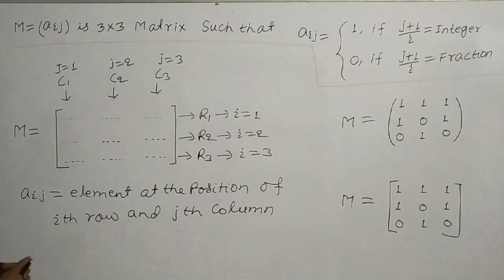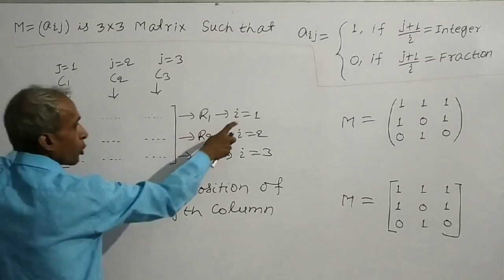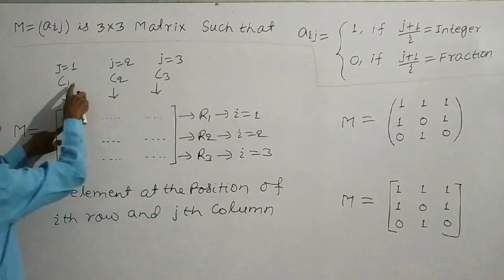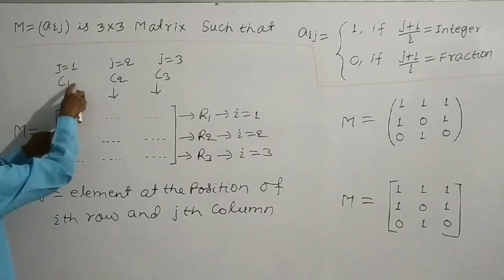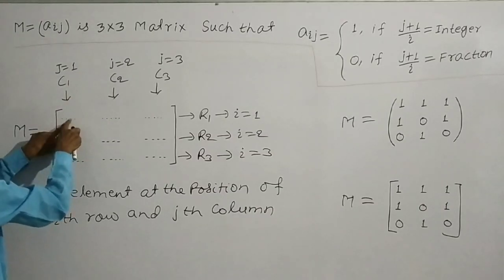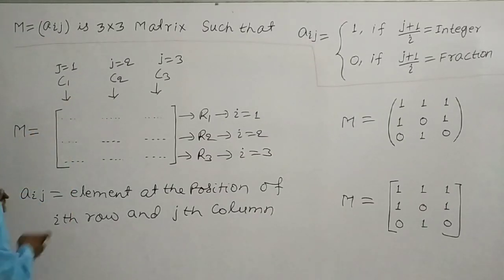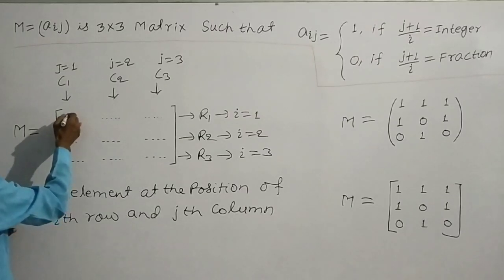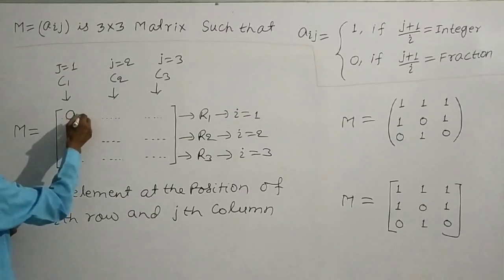As for example, this is the position of the first row and first column. Therefore, the element at this position will be denoted by A11.